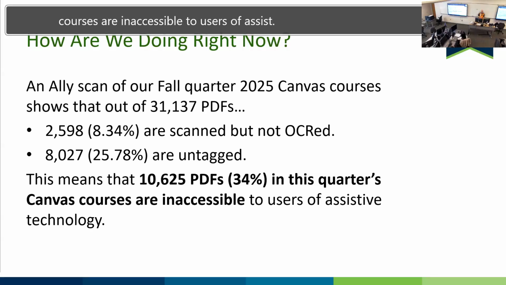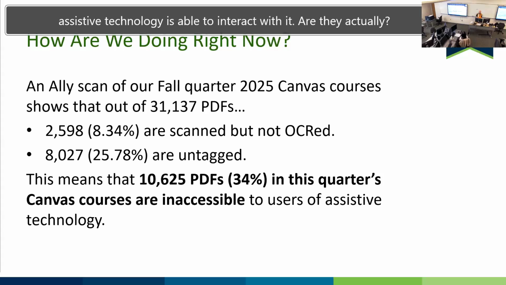And I didn't put this on the slide, but even beyond that, and this is again one of the things we'll be looking at in a few minutes here, even if you have a document that is tagged and can be read by assistive technology, that doesn't always mean it's tagged correctly. And so there may be issues within that PDF that affect how a user of assistive technology is able to interact with it.